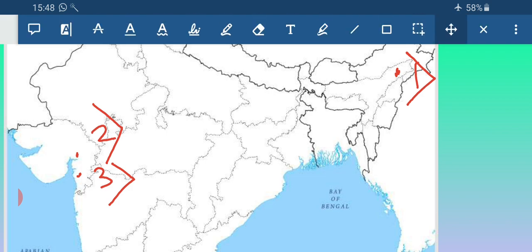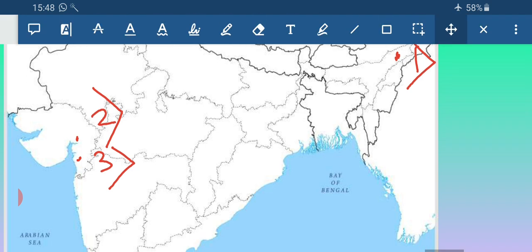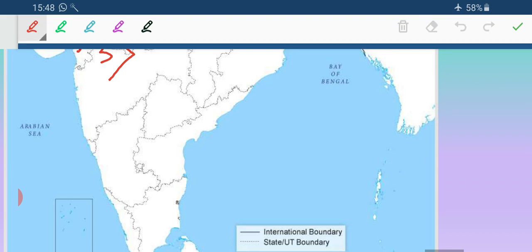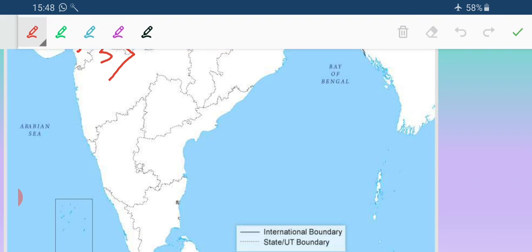Two are there on the Arabian Sea. Number 4, just adjacent to the boundary of Gujarat on the Arabian Sea, is Bhasen, and closer to the coast of Maharashtra is plotting number 5, Mumbai High, the very famous Mumbai High.